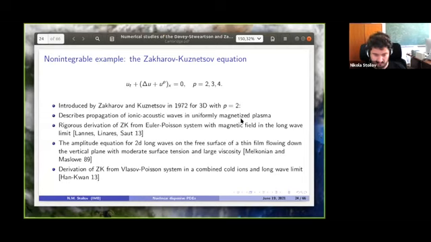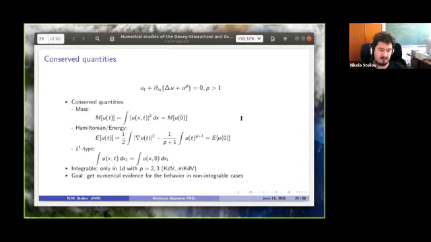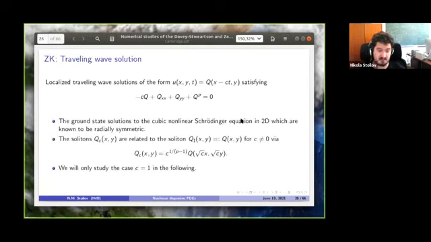There were rigorous results later on that I'm not going to stop on. So this is integrable only in the case of KdV and mKdV, when it is one-dimensional and the nonlinearity is 2 or 3. There are conserved quantities that we can track.